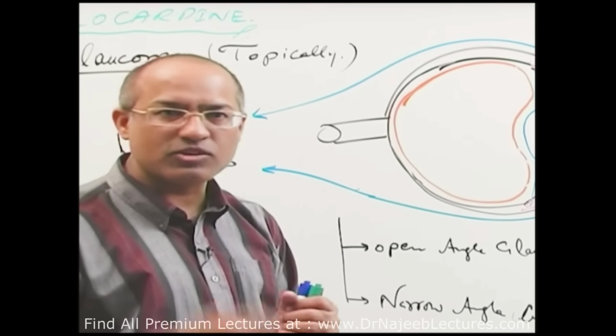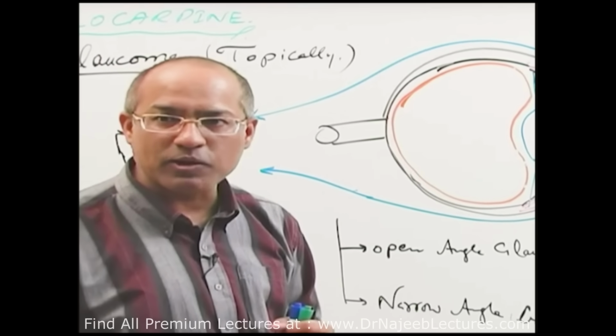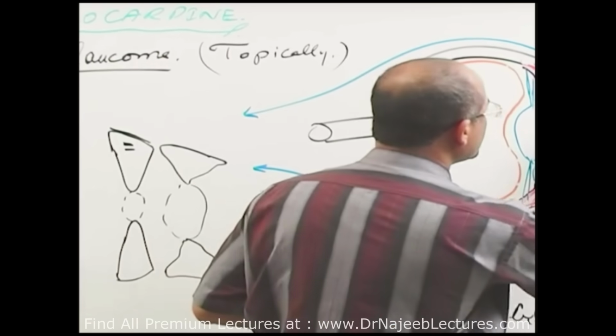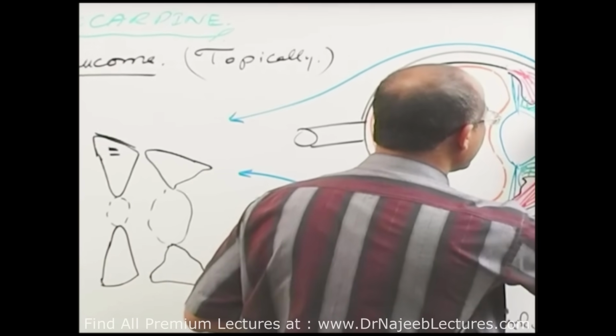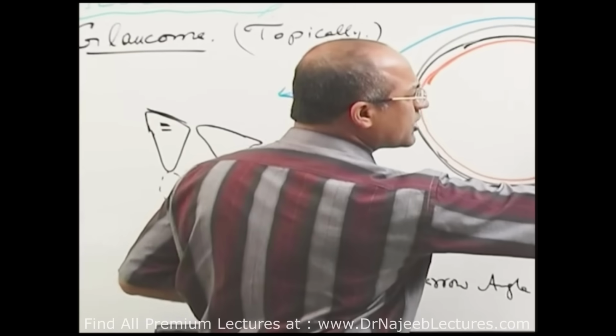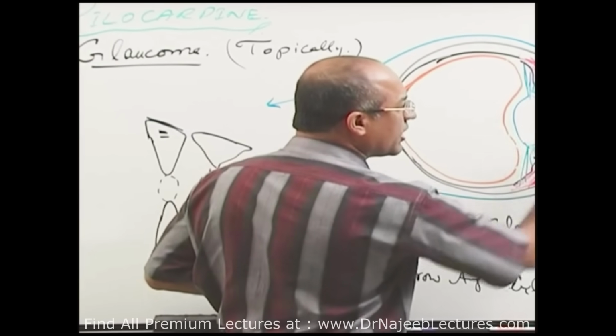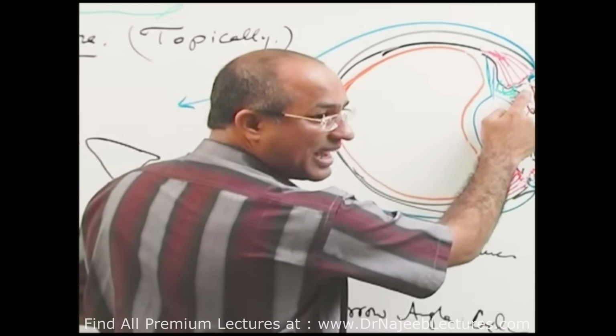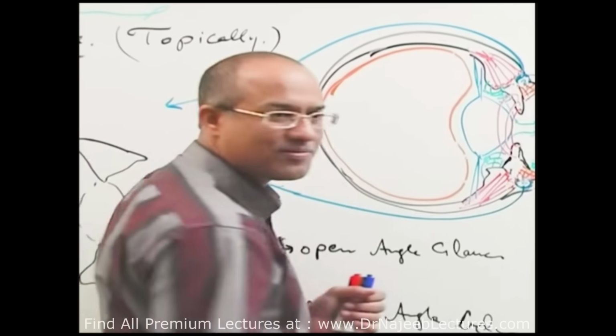Now in this case, pilocarpine is wonderful. In emergency cases, we put drops of pilocarpine repeatedly. What will pilocarpine do here? It will lead to contraction of the sphincter pupillae, and intense contraction will pull the root of the iris away from the corner.